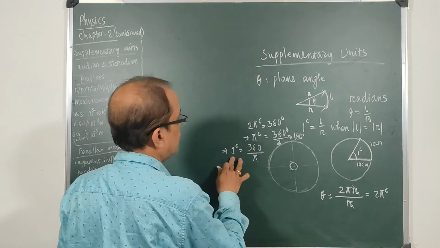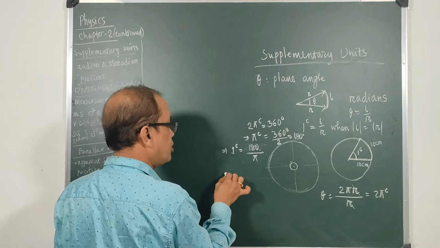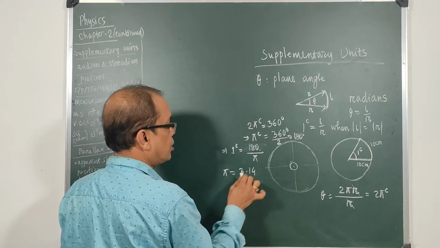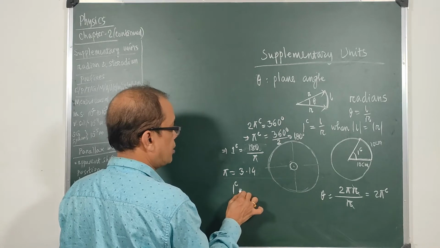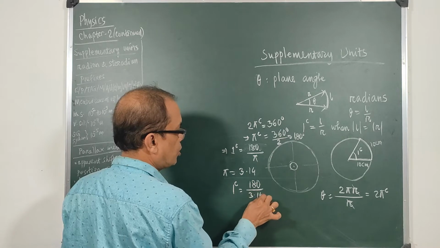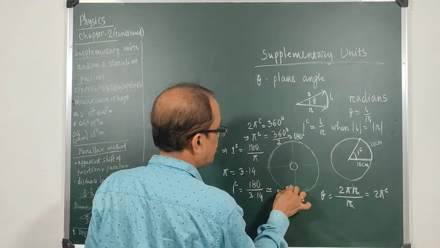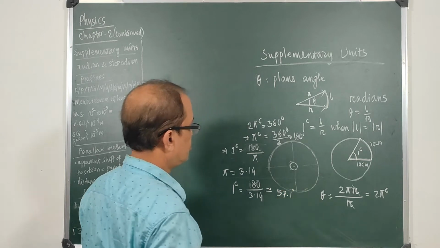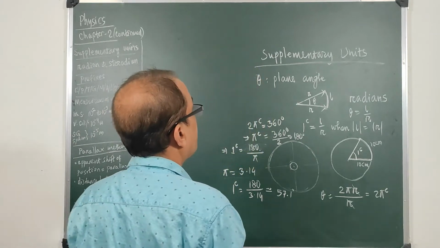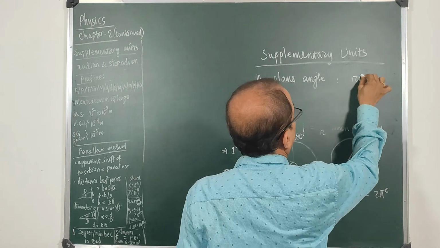So 1 radian will be 180 upon pi, and if we take the value of pi to be 3.14, then 1 radian is equal to 180 upon 3.14, which is nearly equal to 57.1 degrees. So this is how we decide the value of a radian. So the unit is radian.